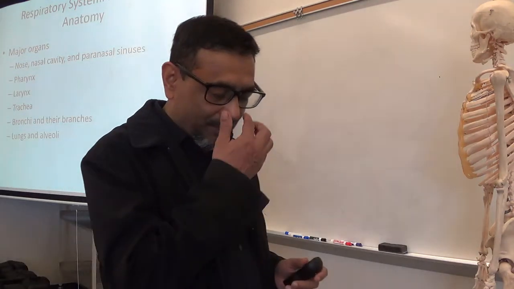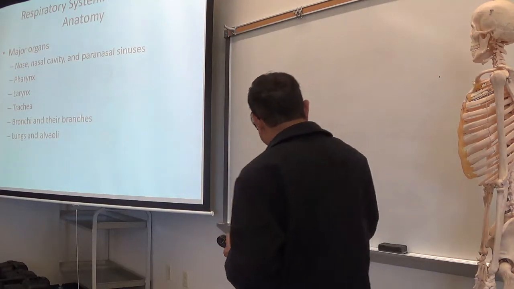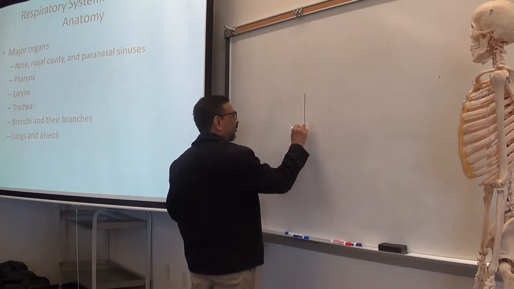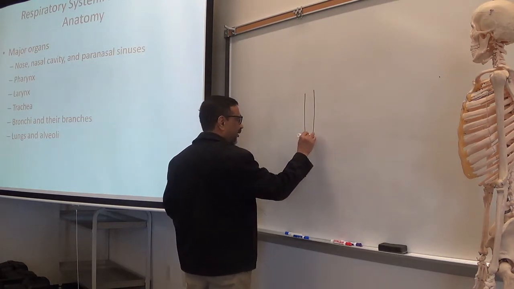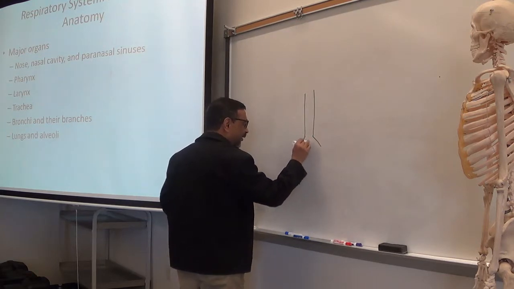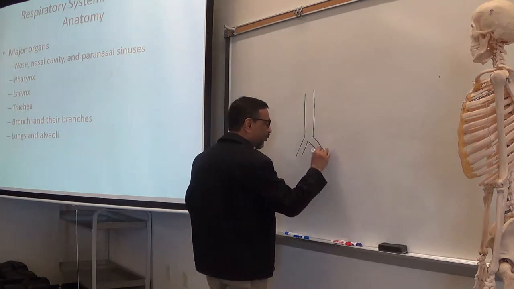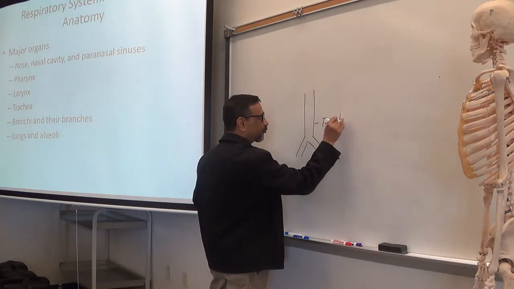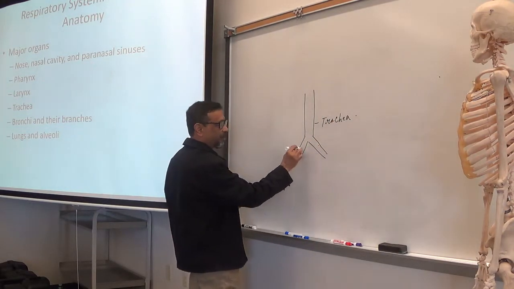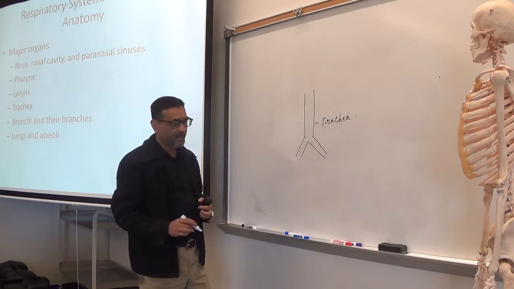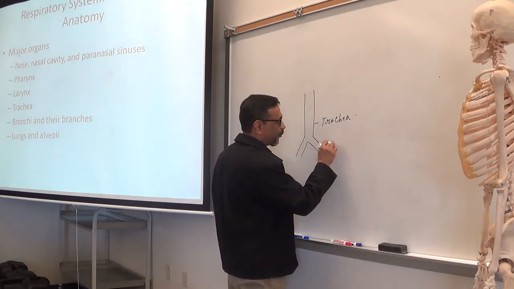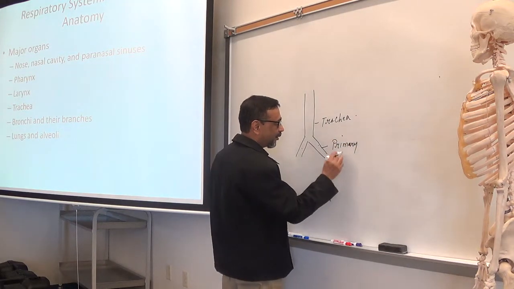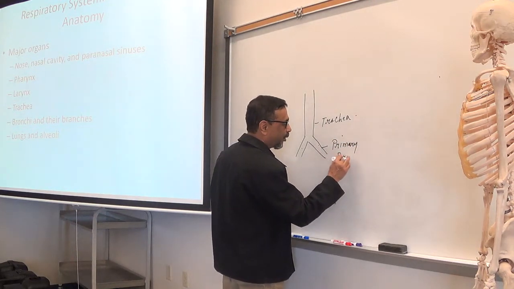Then the lower end of trachea, this is the trachea, the lower end divides into 2 branches. These 2 branches are called primary or main bronchus.